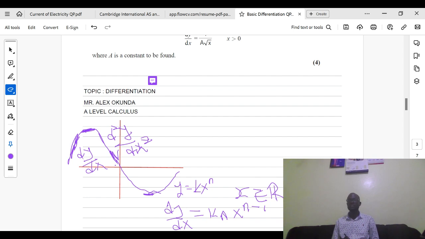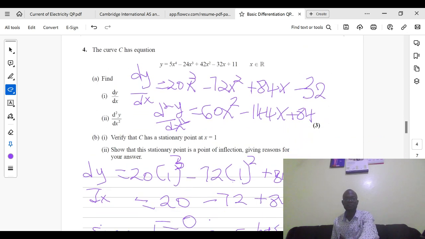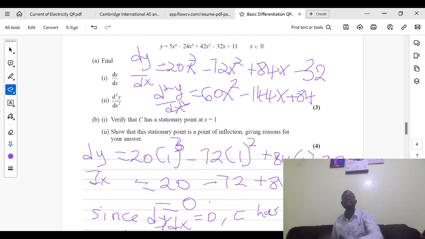Here it is negative, here it is positive. So this point and that point cannot be points of inflection. But here, it is the point of inflection. So we are going to get the second derivative of our curve, and where there is x, we put 1 and see whether it is still going to give us 0. Let's go on.